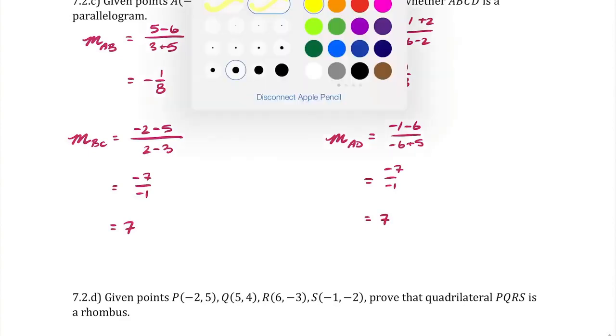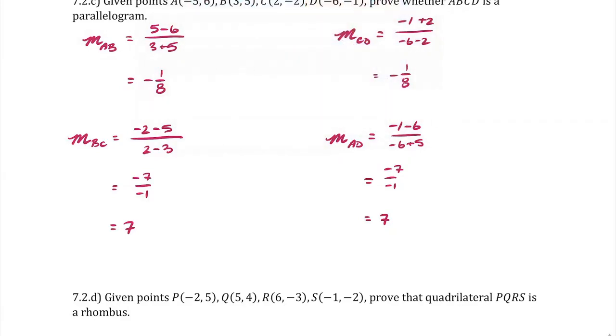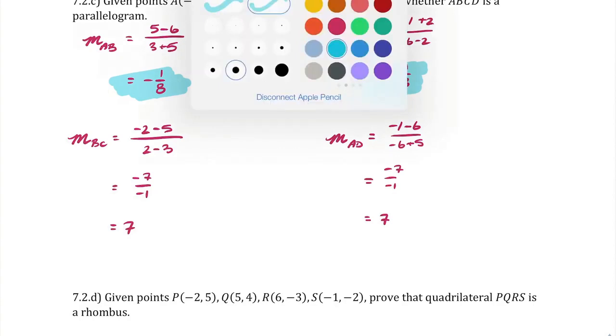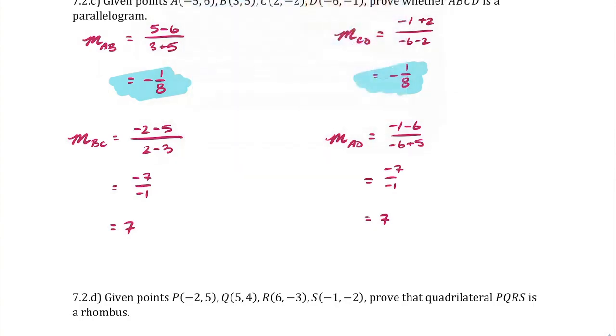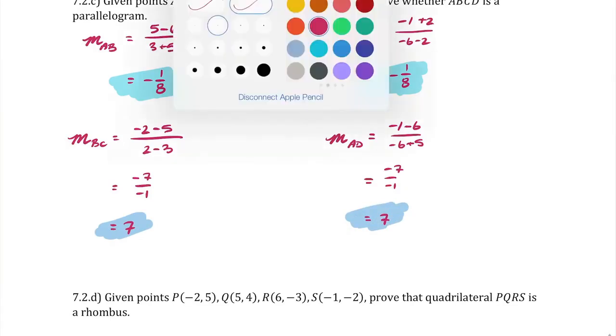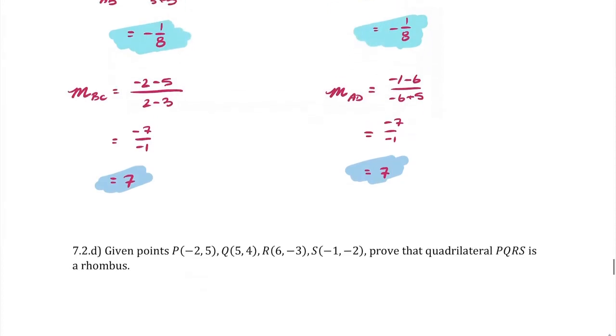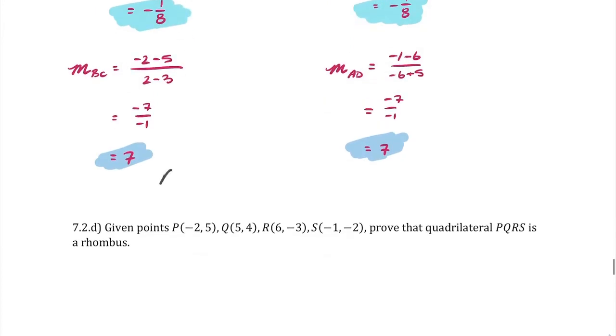Oh, look at this. Let's pick a highlighter color. This could be interesting. This slope is the same as this slope. And this slope is the same as this slope. We can then draw a conclusion as follows.